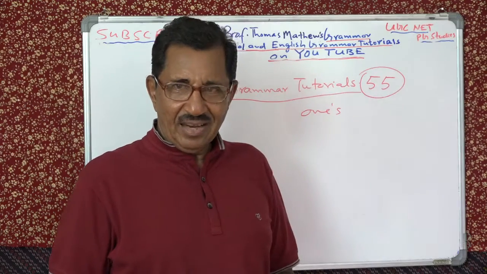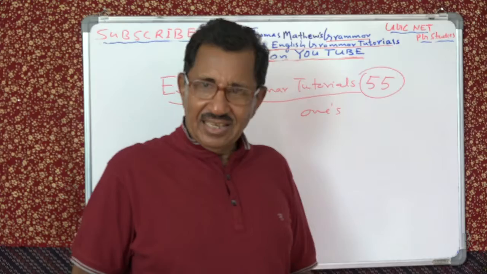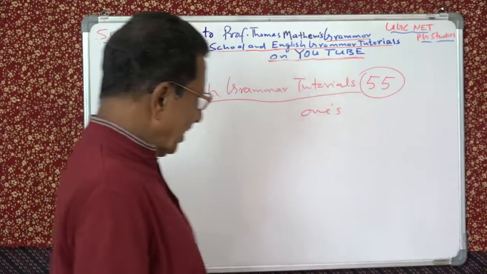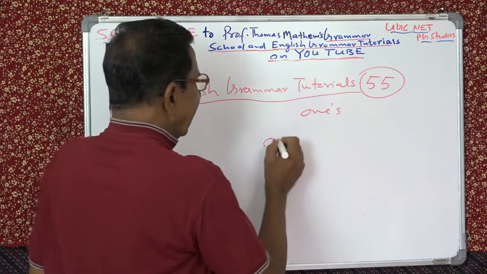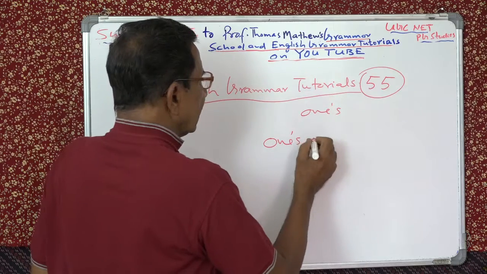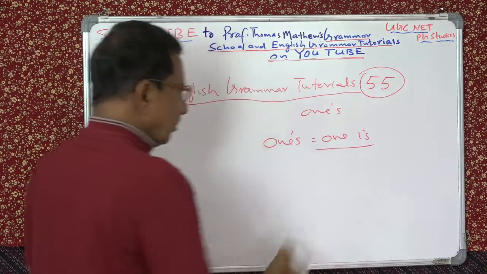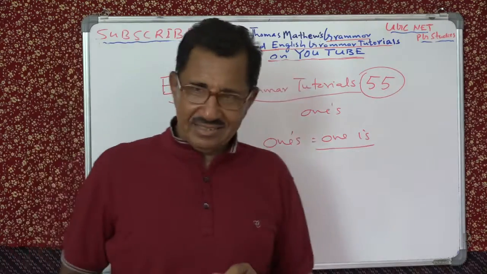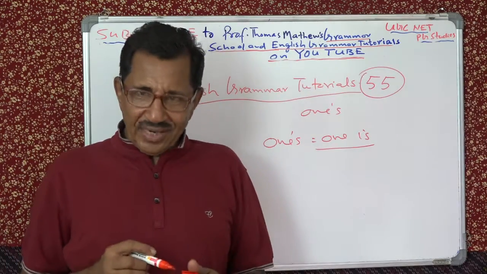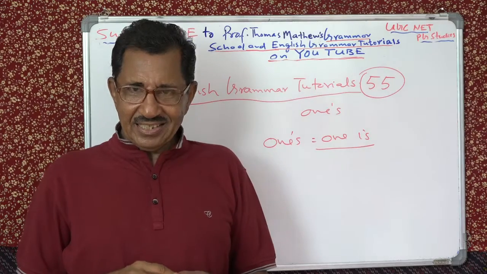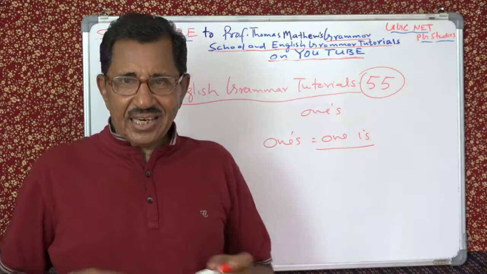But then there is another: one apostrophe s means one is. It also could mean one is. Listen, one is. See? You can say like this.